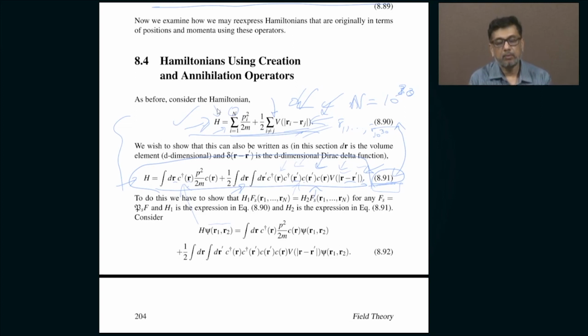I want to be able to prove that acting H written in this rather compact way, which does not betray the number of particles that you are dealing with, on the wave function produces the same result as acting 8.90 on the wave function.